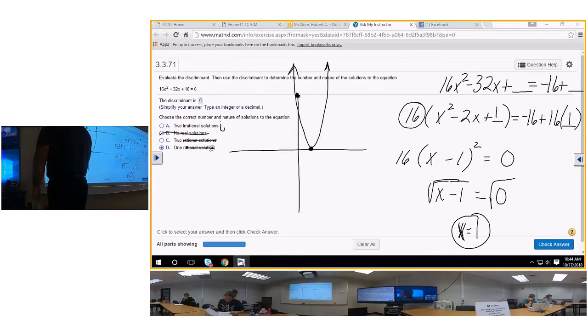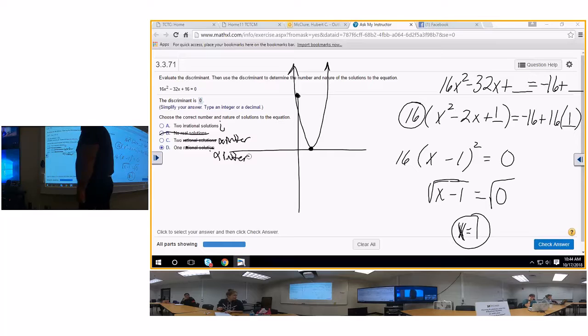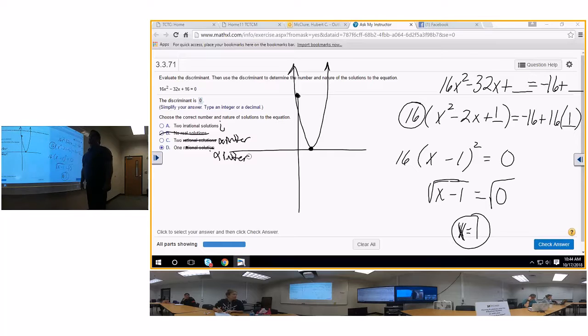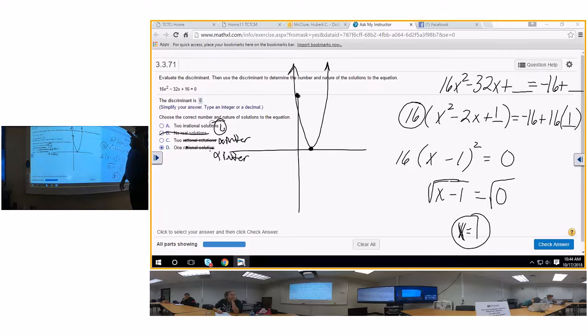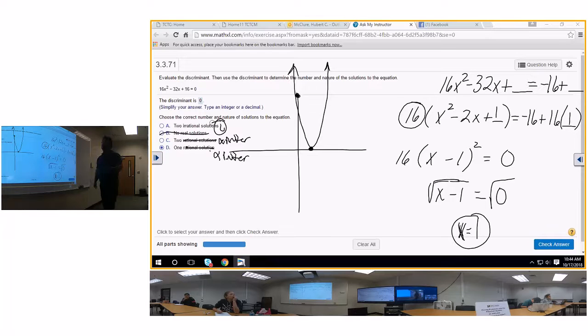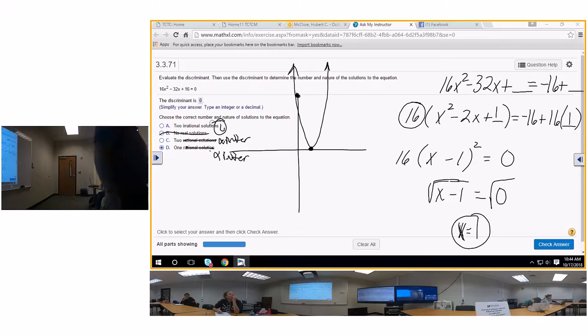So take that out and put x-intercept, because in regular layman's terms, that's what you're finding. You're finding the x-intercepts. So either you're not going to have x-intercepts, so you have to write them in terms of i, or you're going to have two x-intercepts, or one x-intercept. So the answer would be D, because you're going to have one x-intercept.